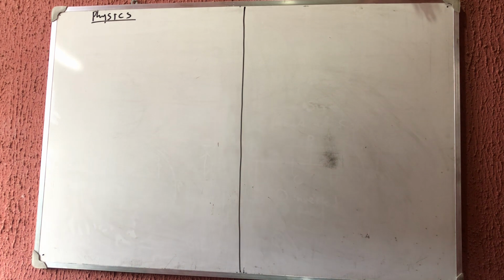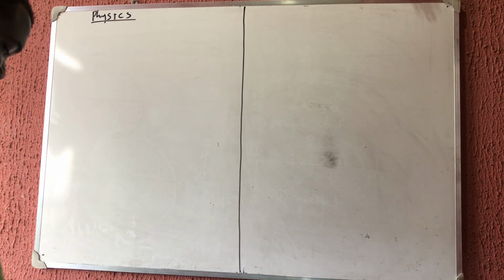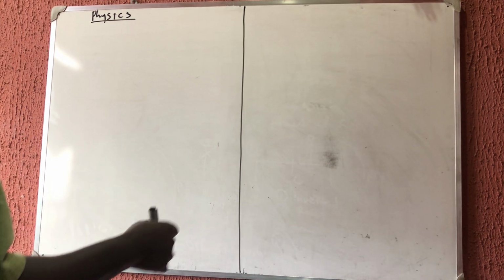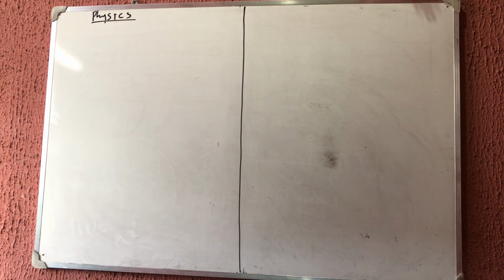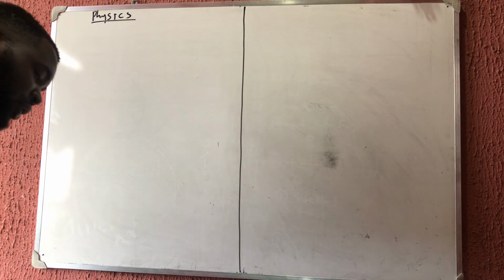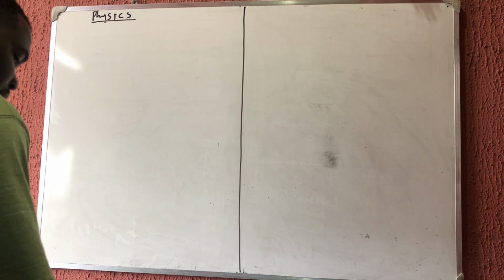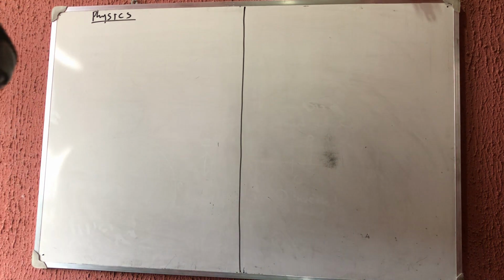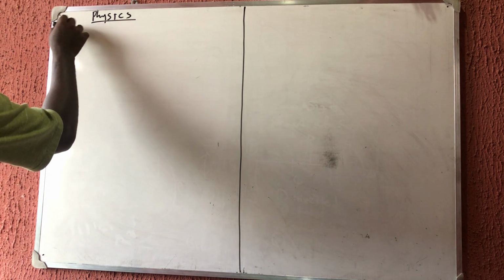And no matter where the object is placed, the image is always upright and erect. That is why we use it as a driving mirror. So your driving mirror is a convex mirror. All right, so let's move into the real game. And the real game is what? The mirror formula.